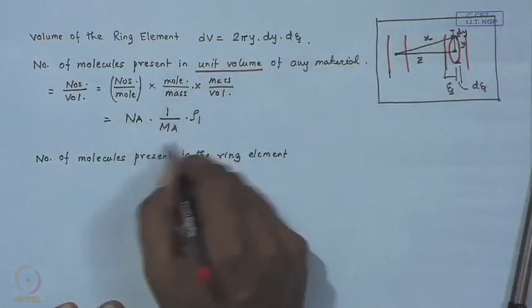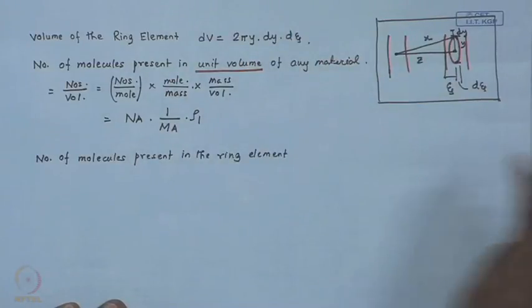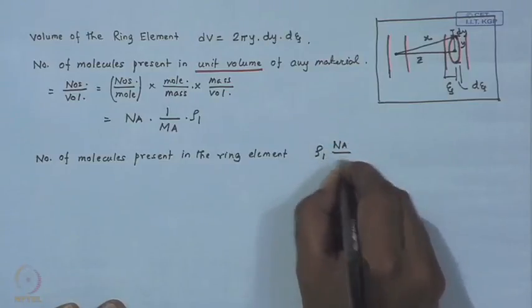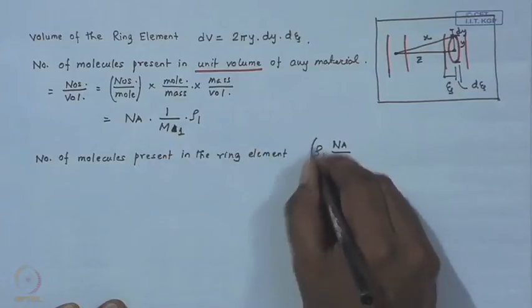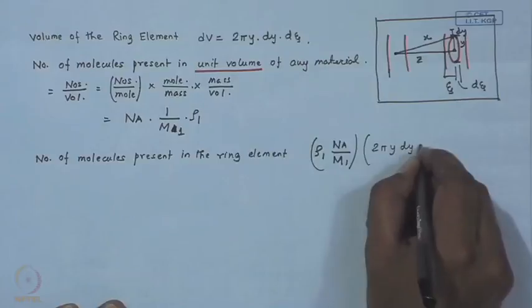So, you just multiply this along with the volume of the ring. So, that turns out to be rho 1 Na by m1, I will change this to 1, multiplied by 2 pi y dy d eta.